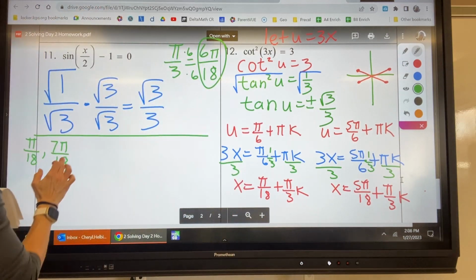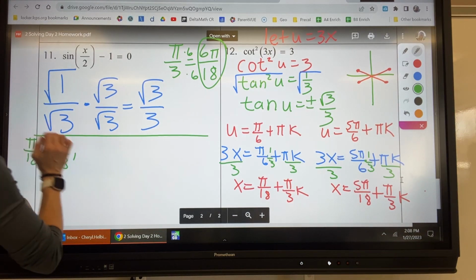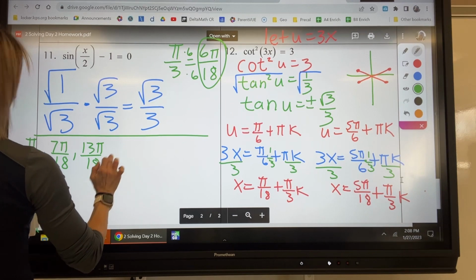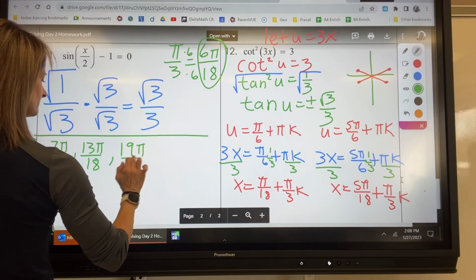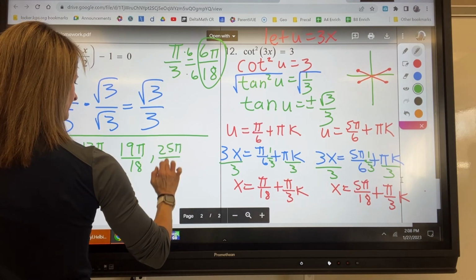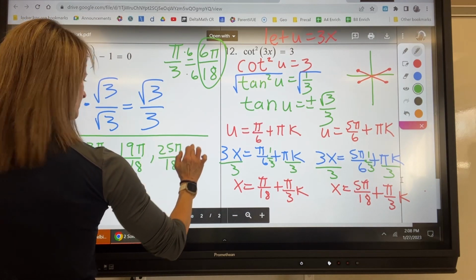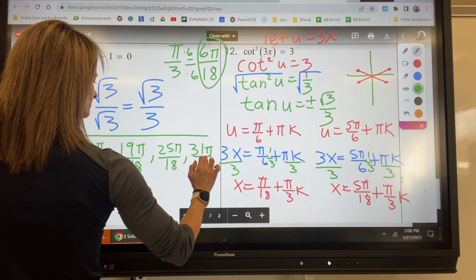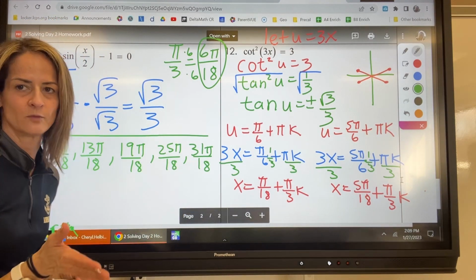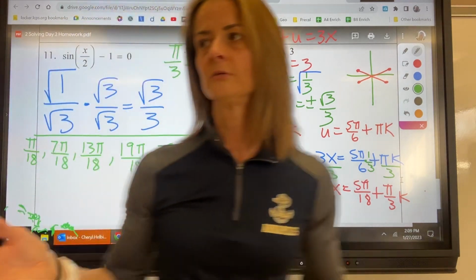All right, so we're adding another 6, so that's 13, right? Another 6, that's 19. Tell me if I get any of these wrong. You guys are checking my work. 25, 31. If I add another 6, I'm gonna pass 36. So I have to stop at 31 pi over 18. Good?